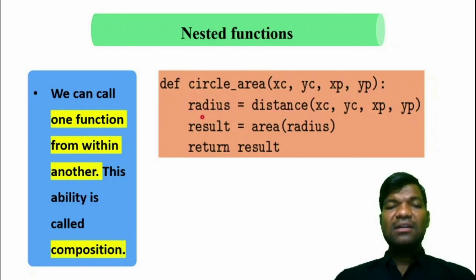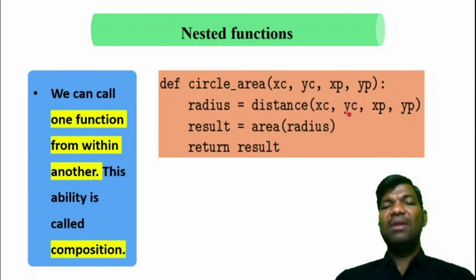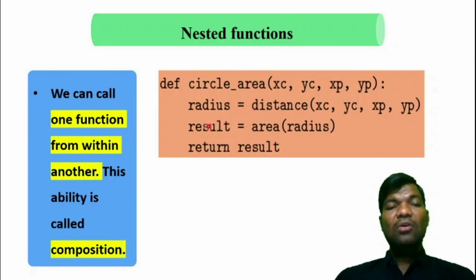First, find the radius of the circle. So radius is the distance of xc, yc, xp, yp. So you are finding the radius by using the distance function. Now you are finding the result by calculating the area with the radius value.